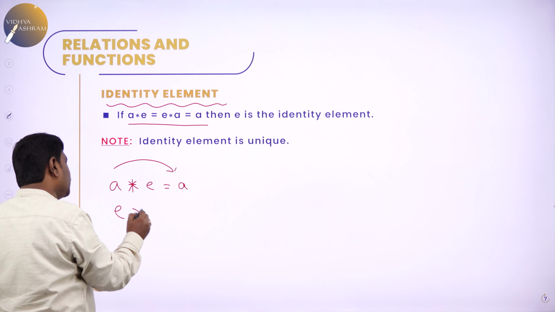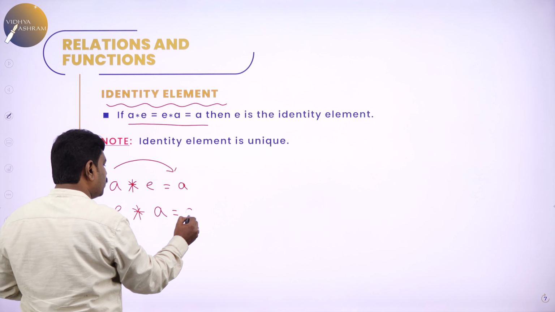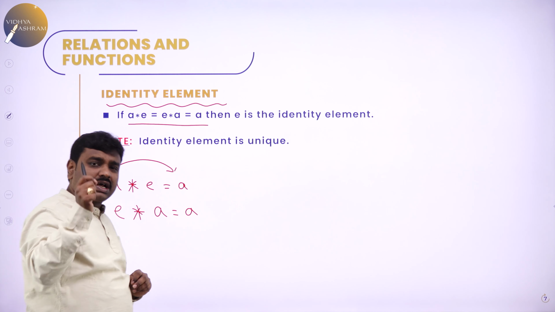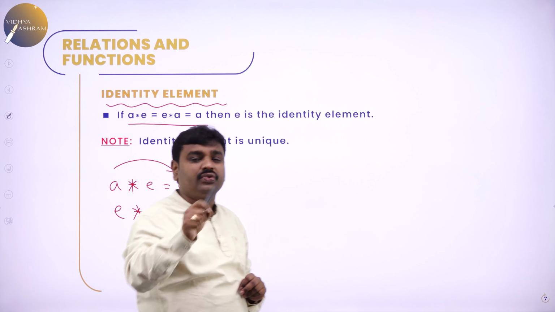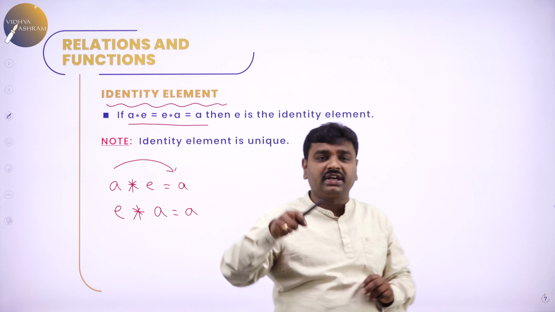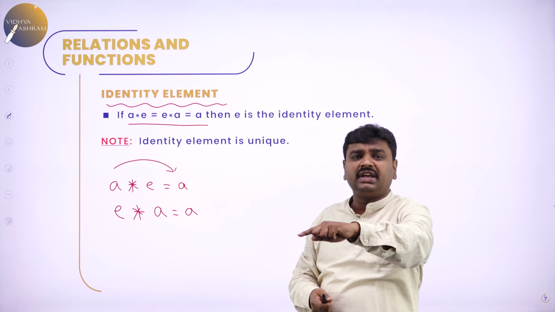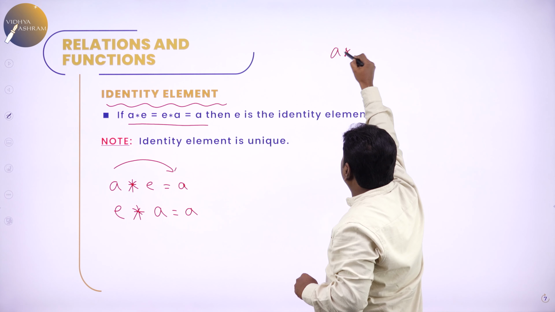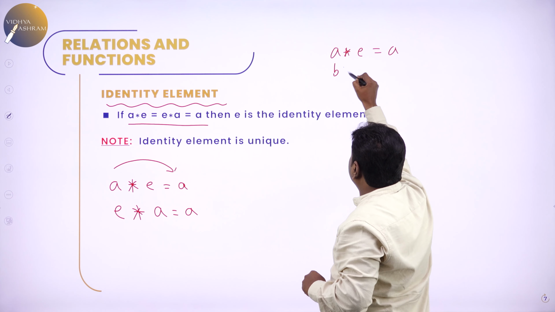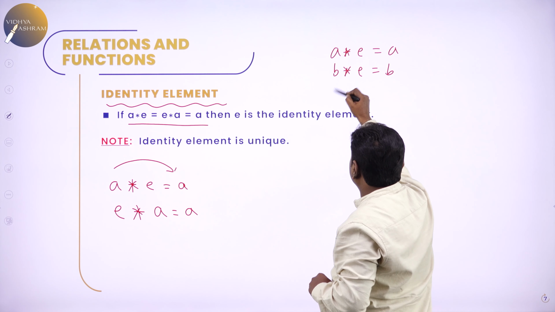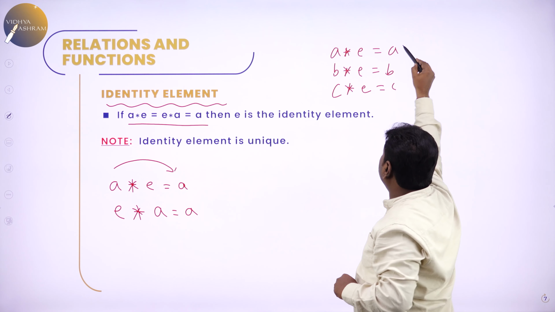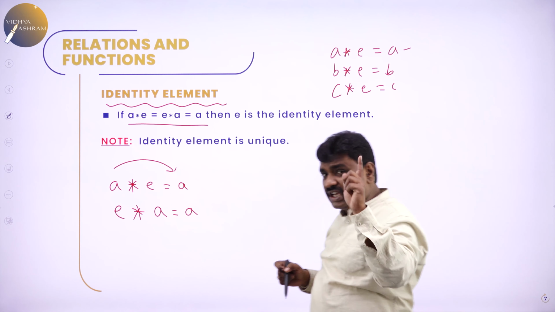A star E or E star A should give you A, where E is identity. Any element you operate with E, you will get back the element. If I operate A on E, I will get A. If I operate B on E, I will get B. If I operate C on E, I will get C.